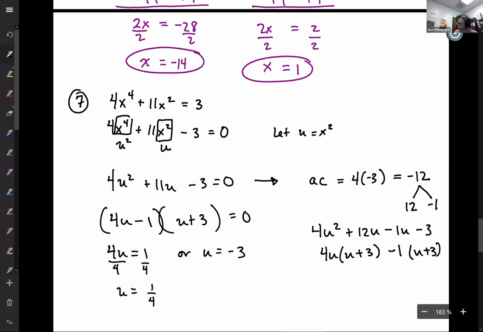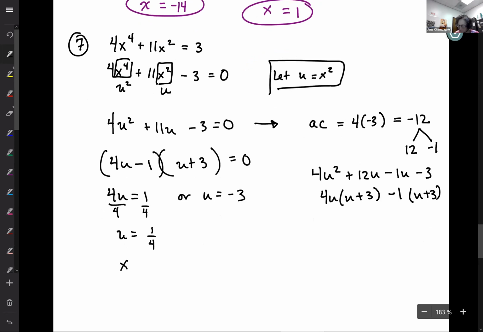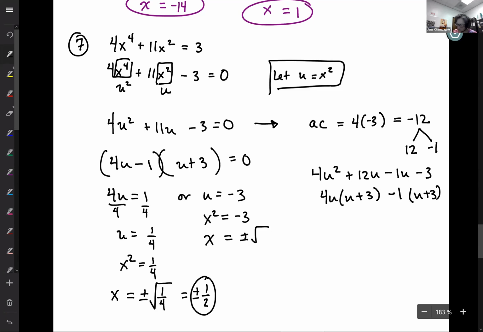So what was u again? U was x squared. So x squared equals 1/4, or x squared equals negative 3. Take plus or minus the square root, don't forget. So plus or minus 1/2 are two of the solutions. And then over here, plus or minus the square root of 3i are the solutions.